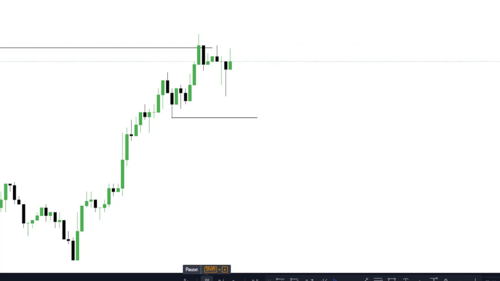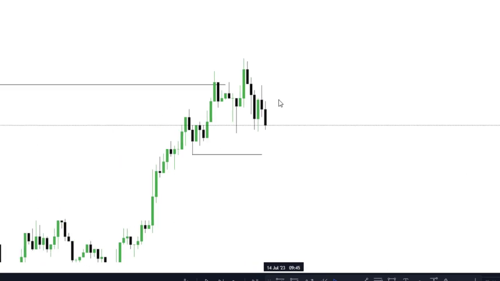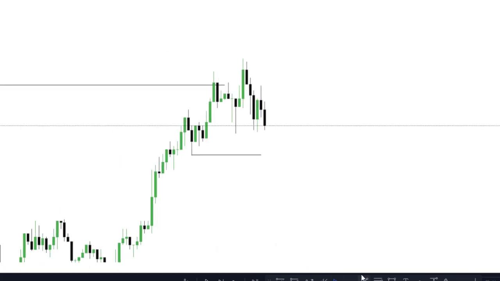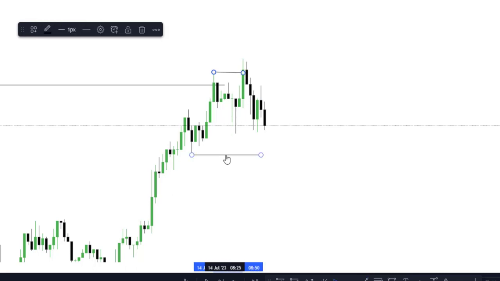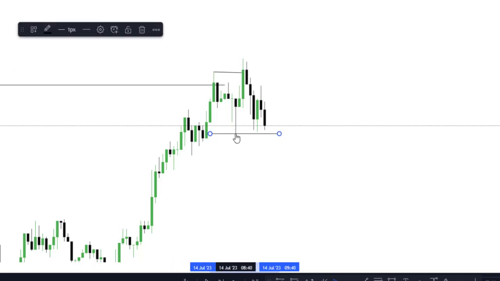If we replay the price again, as you can see, we have another high being created here. So where is our current low? Our current low is this wick right here.